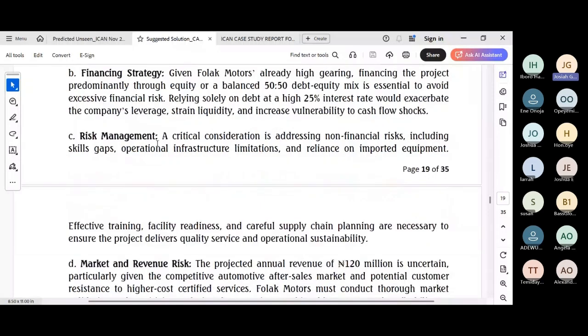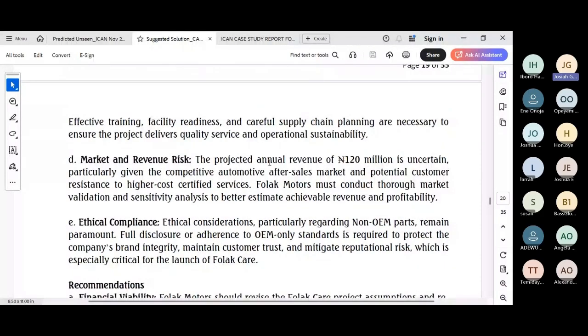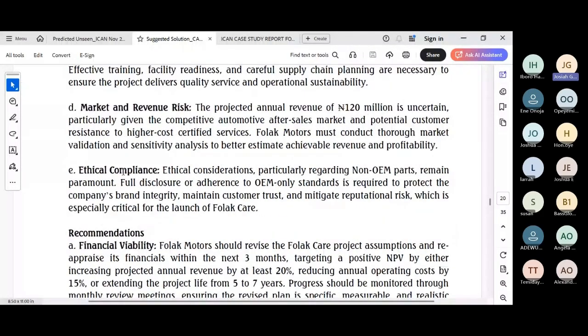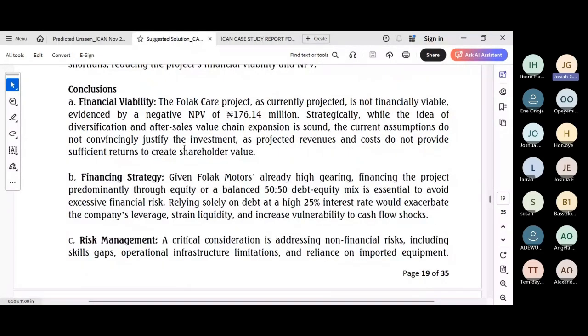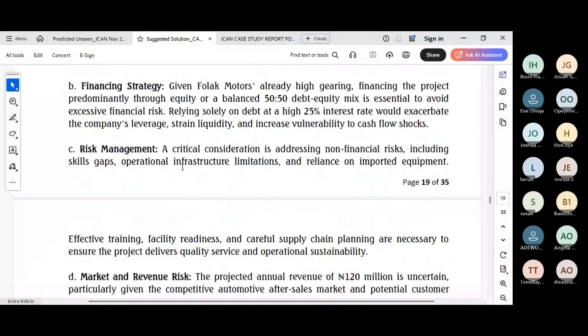Then for risk management, the critical consideration is addressing non-financial risks, skills gap, operational infrastructure limitation, and reliance on imported equipment. So risk management is a conclusion. Then for market and revenue risk also, then ethical compliance. So 4, conclusion, don't forget, is high. This is what we should aim for.